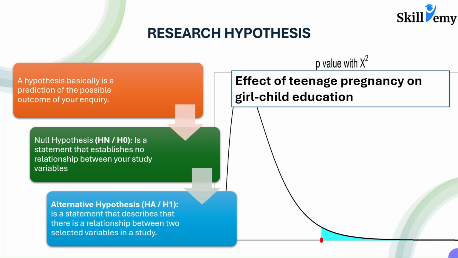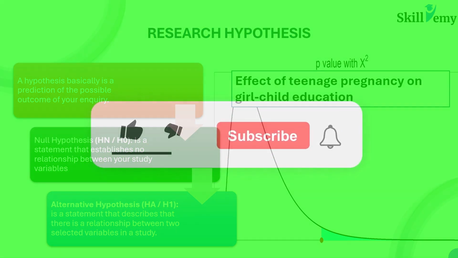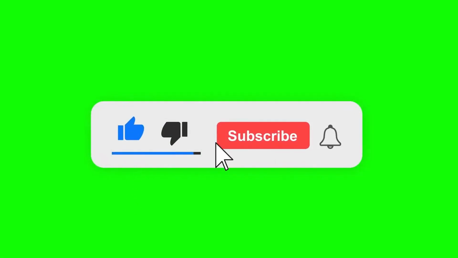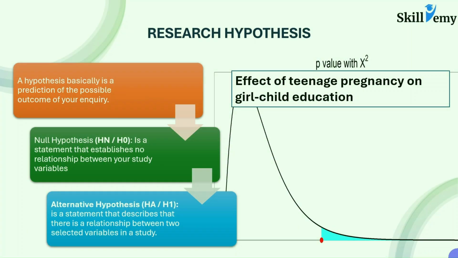So, still working with the effect of teenage pregnancy on girl-child education, the alternative hypothesis is that teenage pregnancy has an effect on girl-child education.